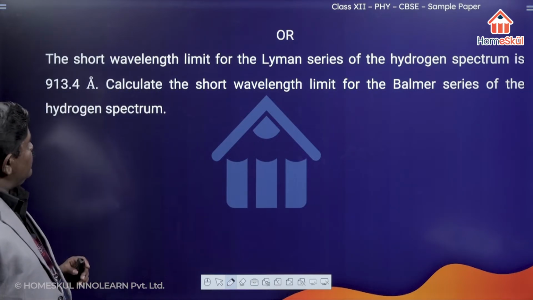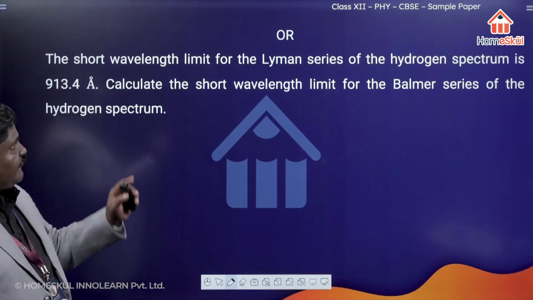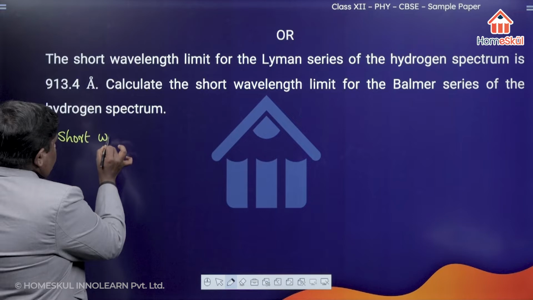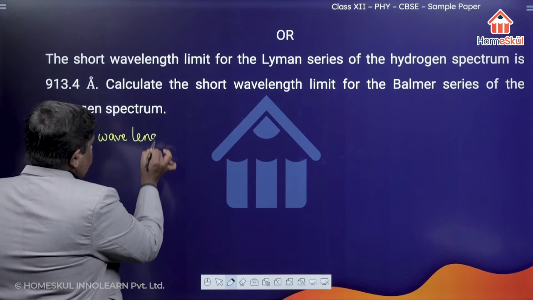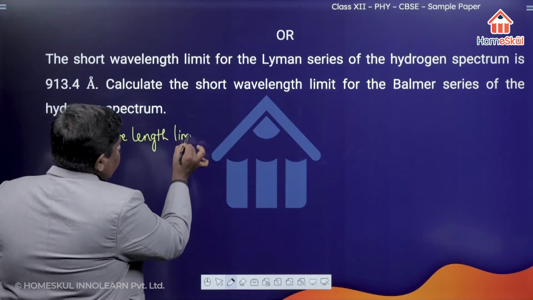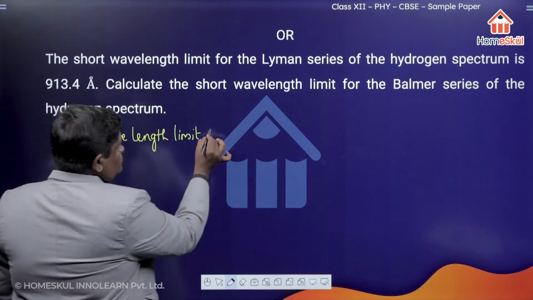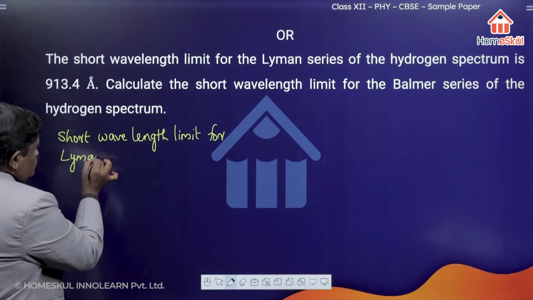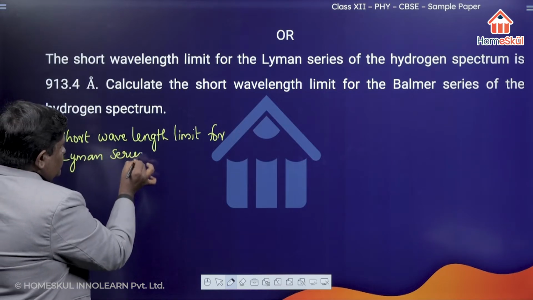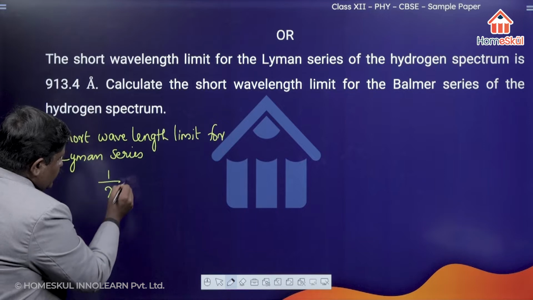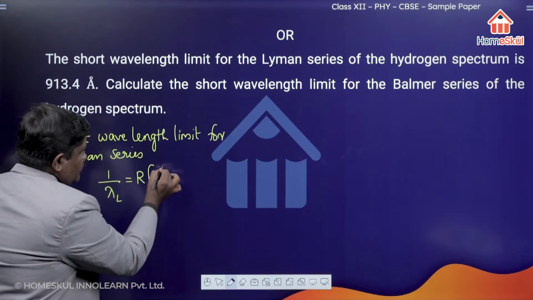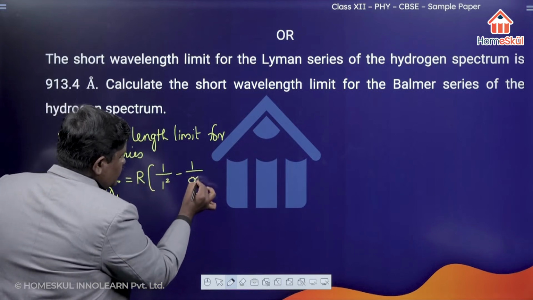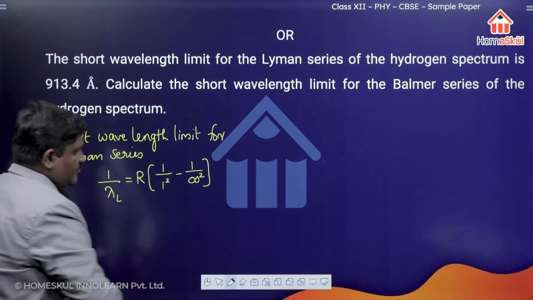The given one is the short wavelength limit for the Lyman series, that is 1 by lambda L equal to R into 1 by 1 square minus 1 by infinity square.